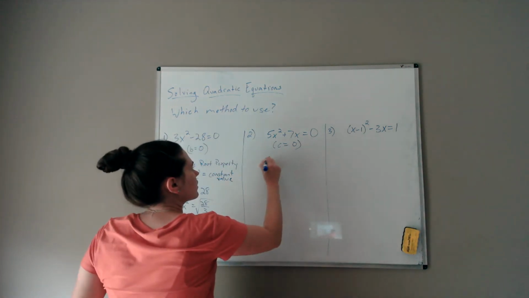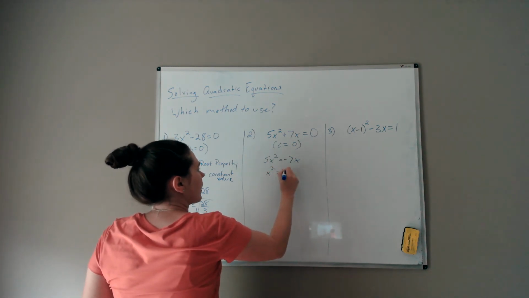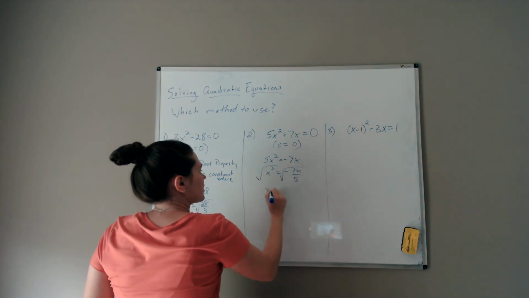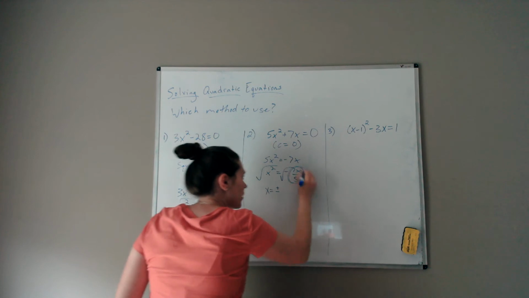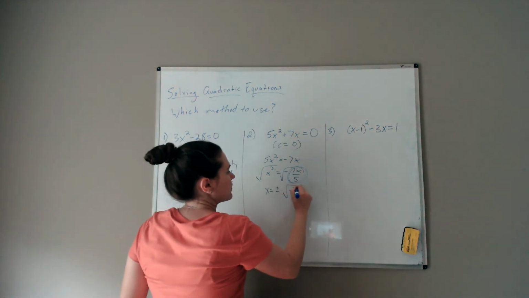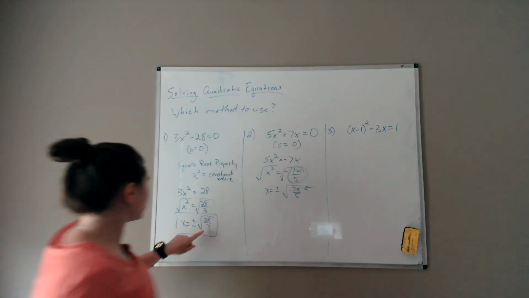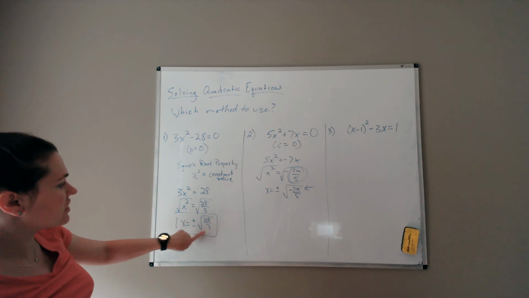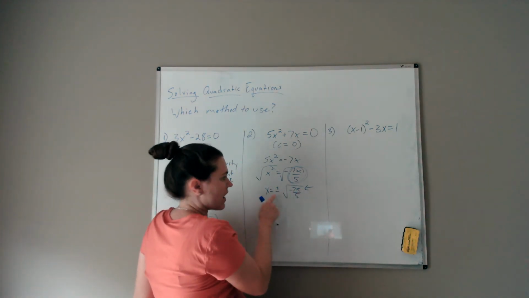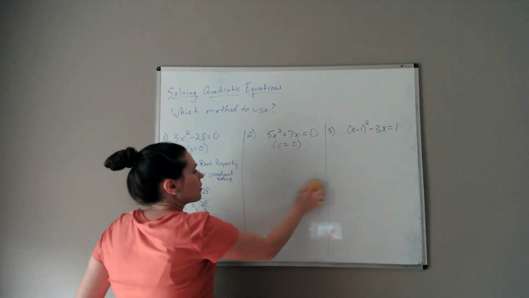If I subtract 7x from both sides and then divide by 5, I get x equals plus or minus an unknown, because now I have the square root of negative 7x over 5. This is now a variable. I know what x is: x is a constant value. I do not want x as part of what x equals. That's a no-no. So you do not use the square root property here.